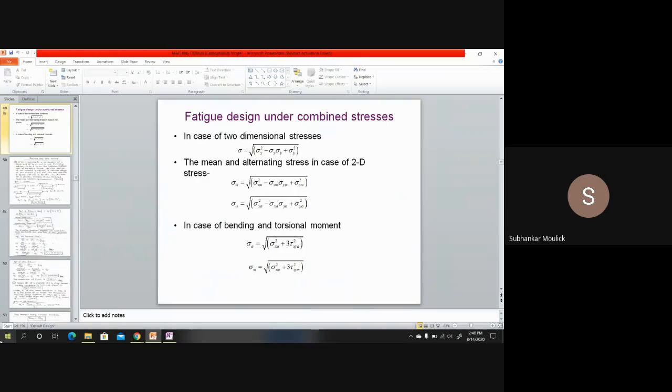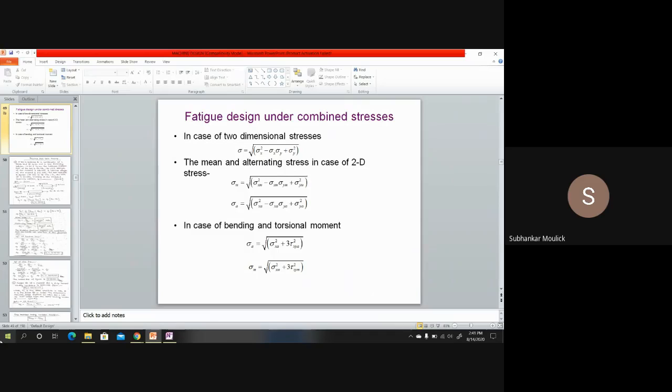Next, if in a component which is undergoing fatigue, combined loading is acting. Combined loading means a combination of bending and tensile, or a combination of tensile and torsion and so on. Then how to design the component?